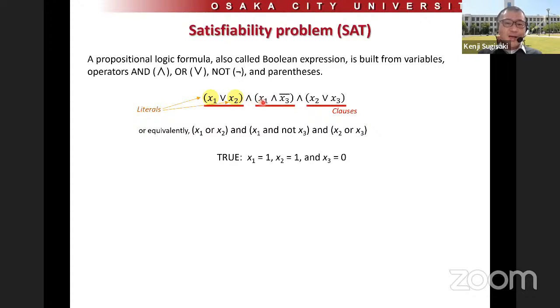And X1 and not X3 is also satisfied because X1 is 1 and X3 is 0, so not X3 means the 1 state. And X2 or X3 is also satisfied because X2 is 1.